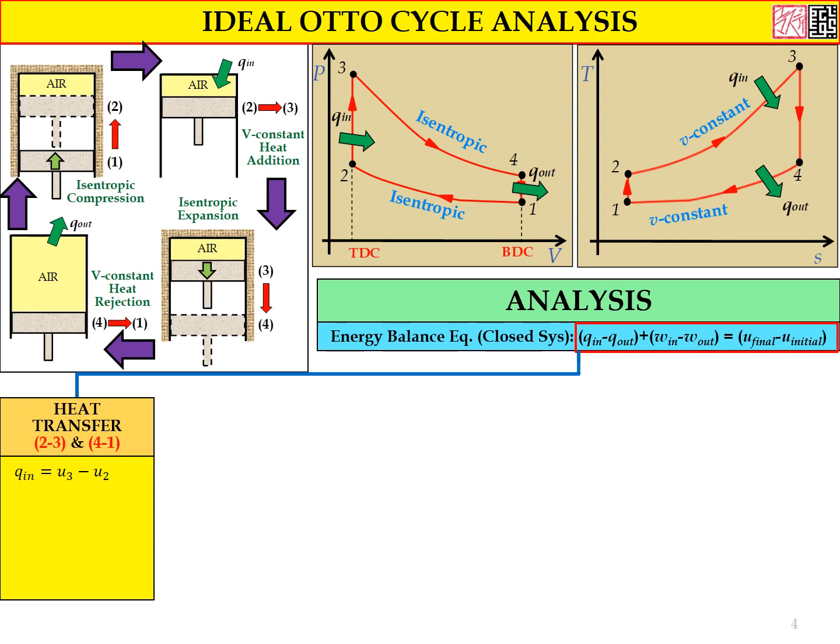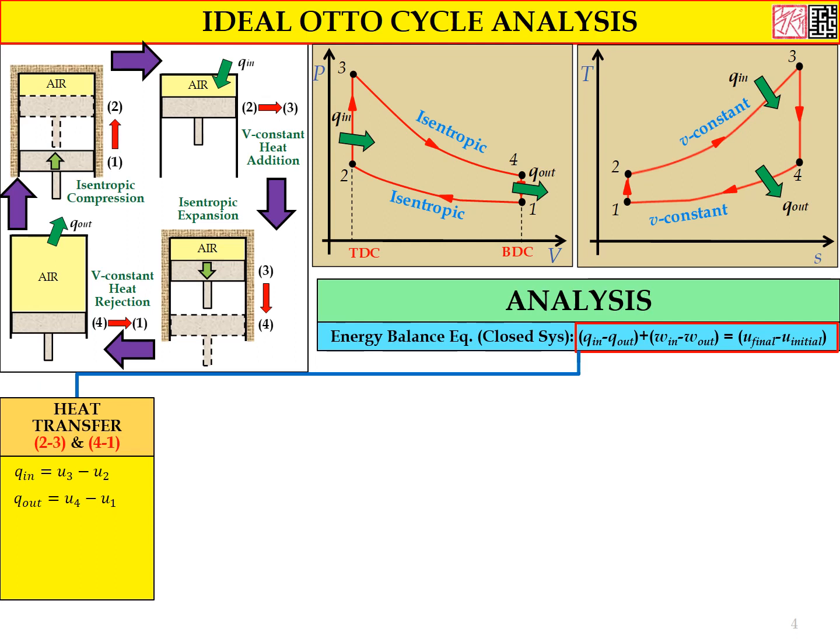We can eliminate the terms for Q out, W in and W out, so the remaining terms in the energy balance equation are only Q in and delta U. That's why Q in equals U3 minus U2, U final minus U initial for the process. Similarly, Q out equals U4 minus U1.